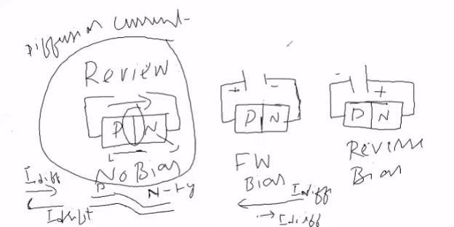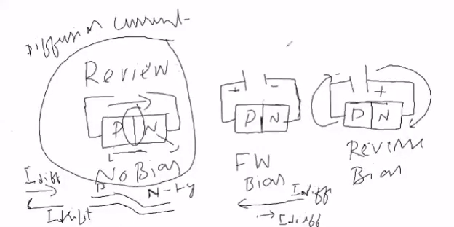And in reverse bias, holes are attracted by the negative terminal of the battery, and electrons are collected by the positive terminal of the battery.